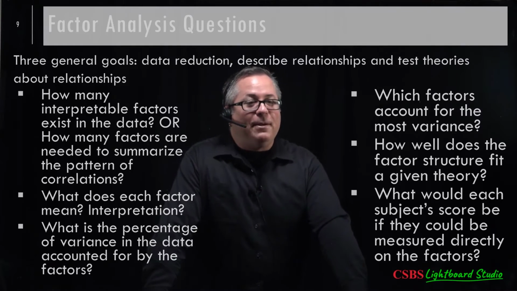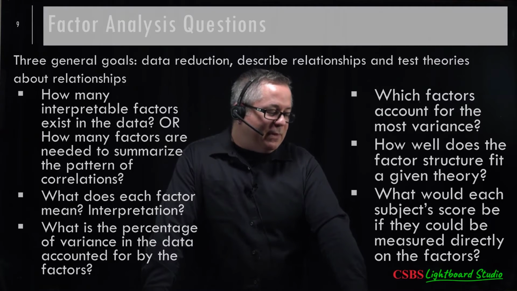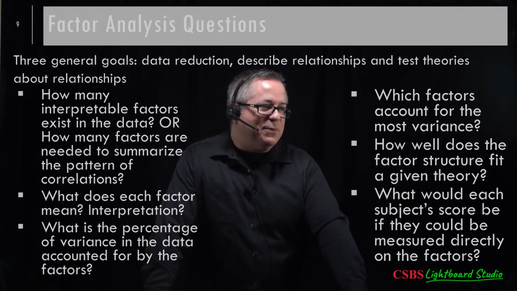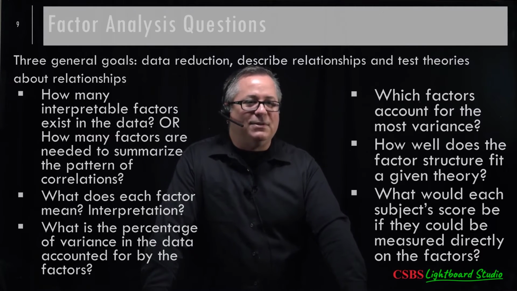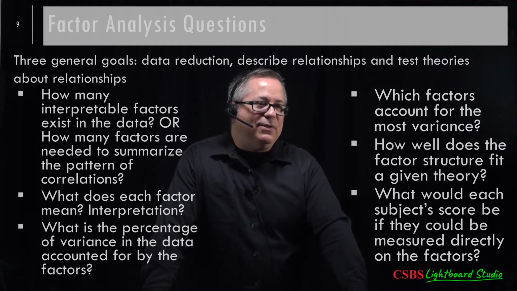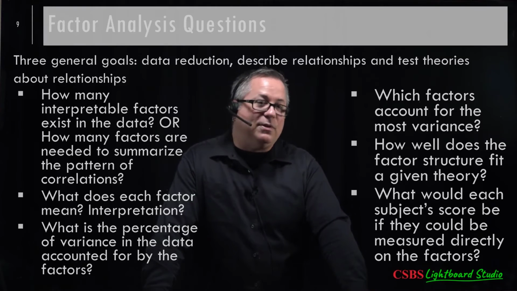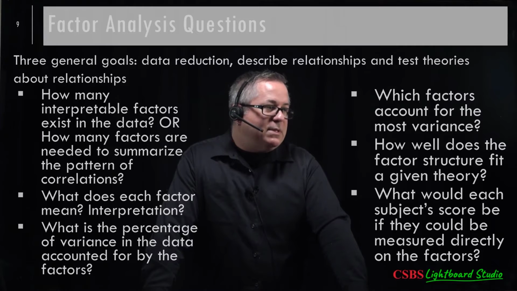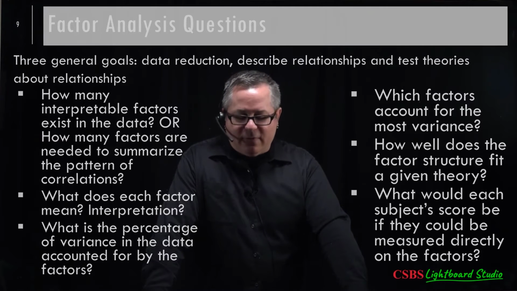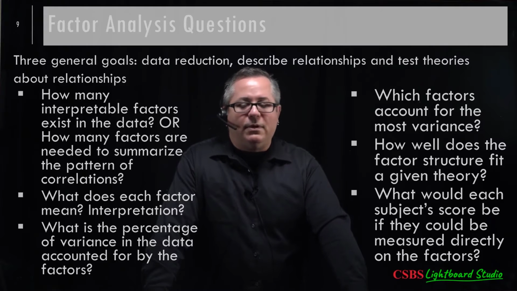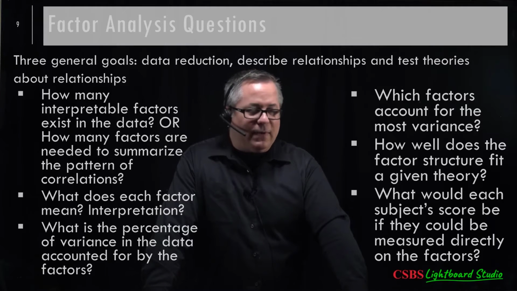I found that funny, because it's true that a lot of what we do, and this is true for factor analysis and for everything, is that we're trying to make sense of the world in a very uncertain way. We're trying to add some certainty in places that are uncertain. So we're trying to develop scales, trying to do logistic regression, trying to do multiple regression. We're trying to figure out how things relate, trying to find some answers.